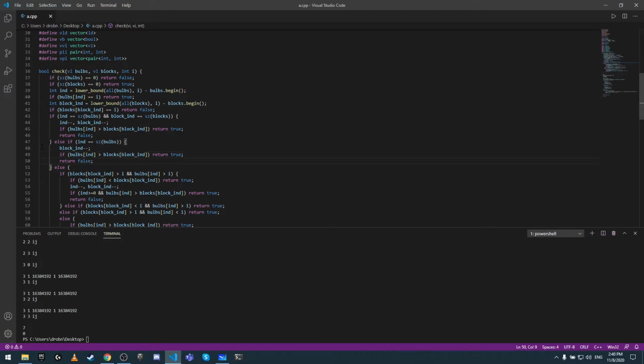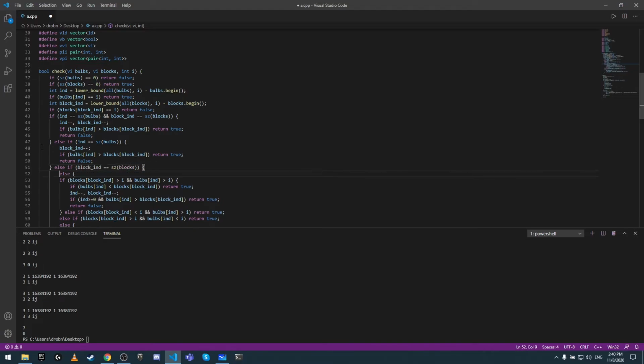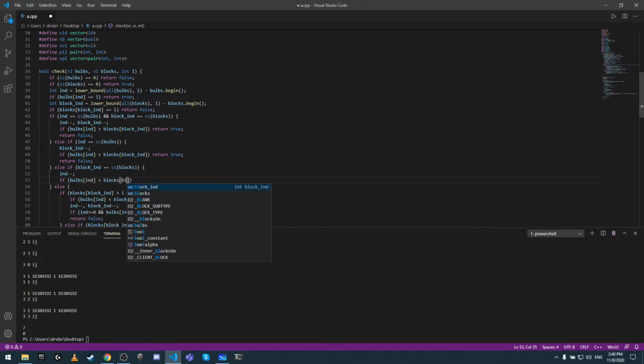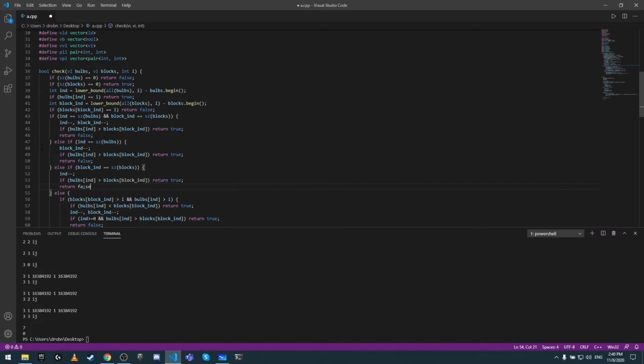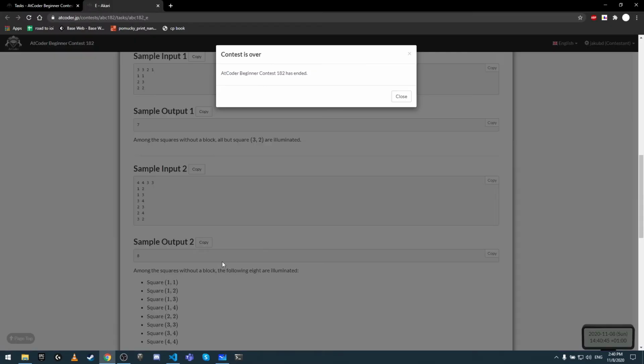Okay, the competition ended. Size of blocks and int minus minus if bulbs index over blocks block index. Okay, this is very disgusting. I will explain it in just a moment.